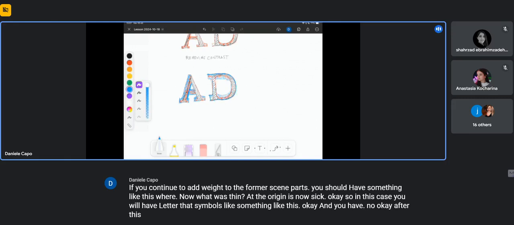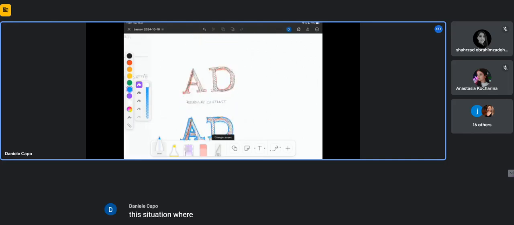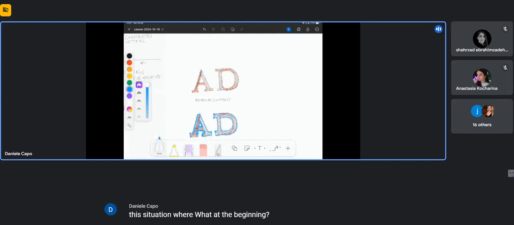After this treatment, you should have this situation where what at the beginning was thin is now thicker than the rest.